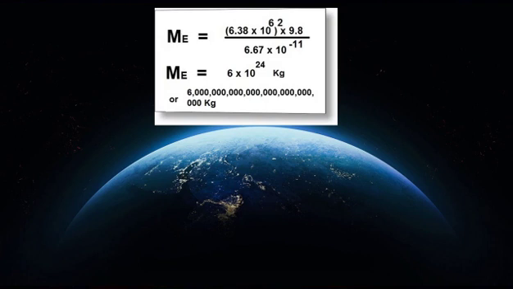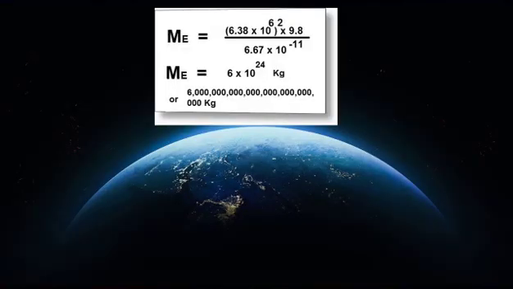Yes, this is the scientific notation of expressing the mass of the earth. If we convert this scientific notation into the standard form, we can see that after 6 we have to write down the 0 24 times. Yes, now this is the standard form of the mass of the earth in the same unit, kg.